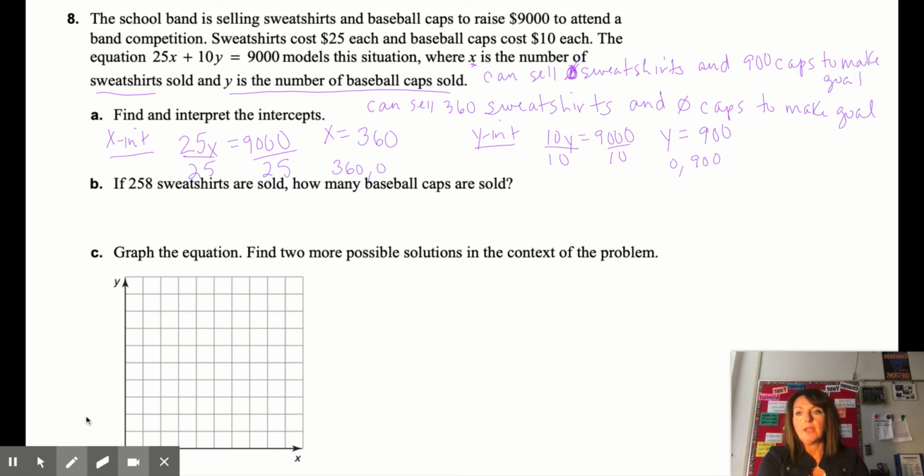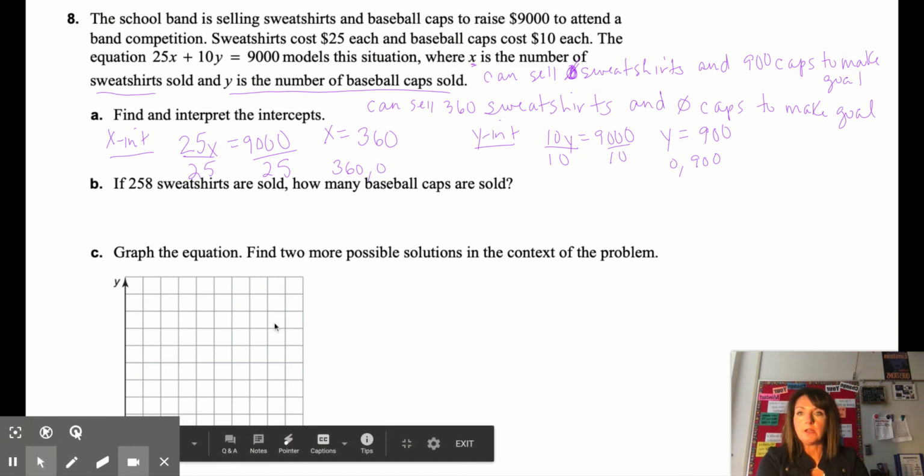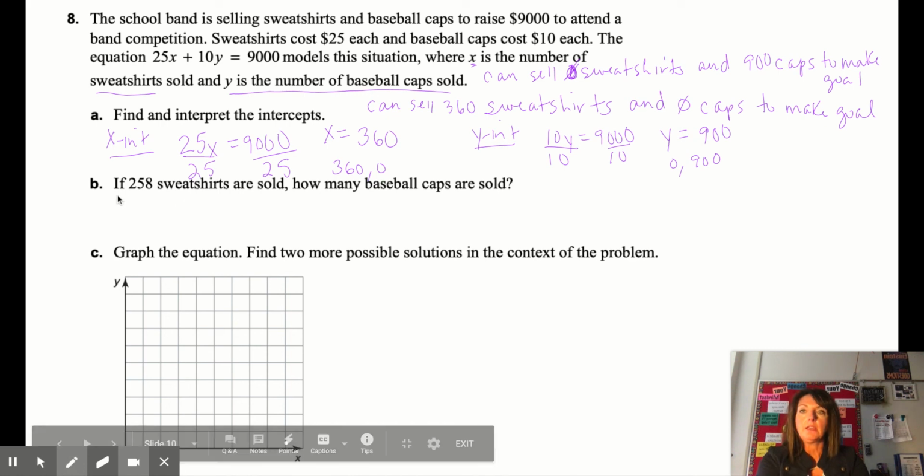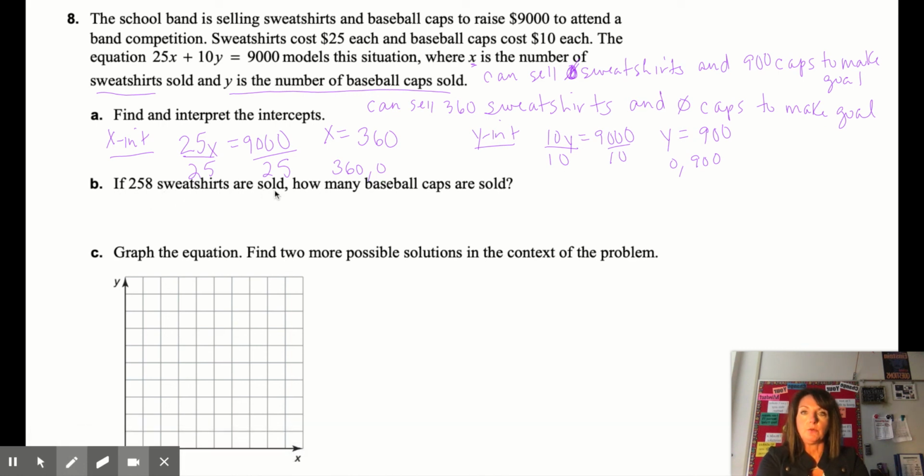Okay? Now, if 258 sweatshirts are sold, how many baseball caps are sold? So remember, the sweatshirts are the x. So we would take our original equation and substitute in our 258 plus our 10y, and then we're going to solve for y.